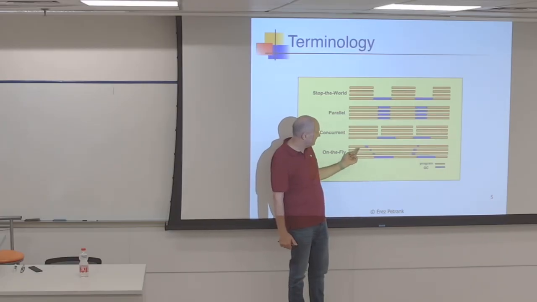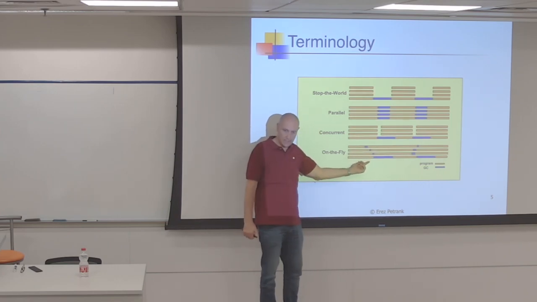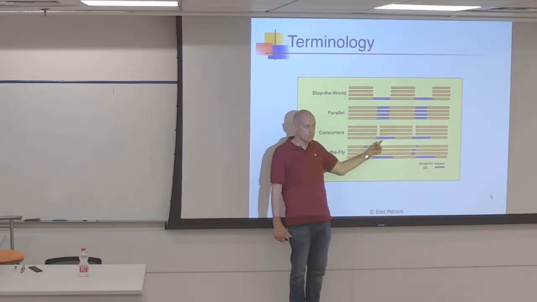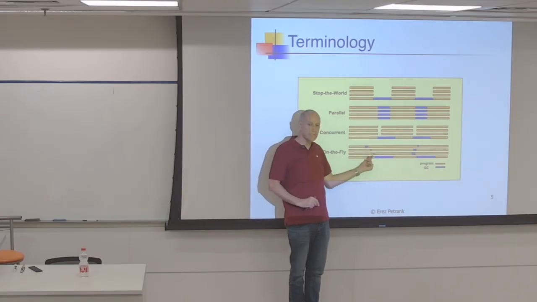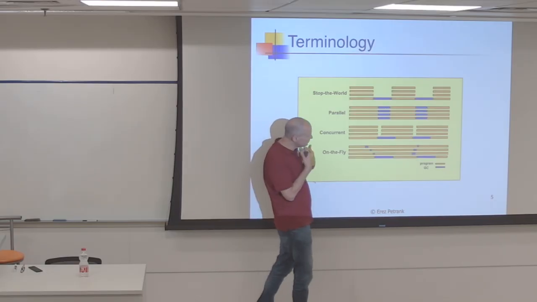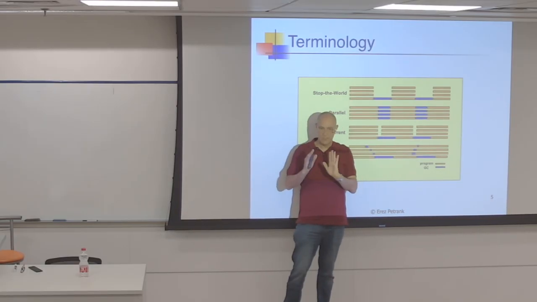There is another thing called on the fly, where you don't need to stop all the program threads together. You can stop them one by one, each when it is convenient to it. What we usually require from a stopping is that it will not be in the middle of changing a pointer.